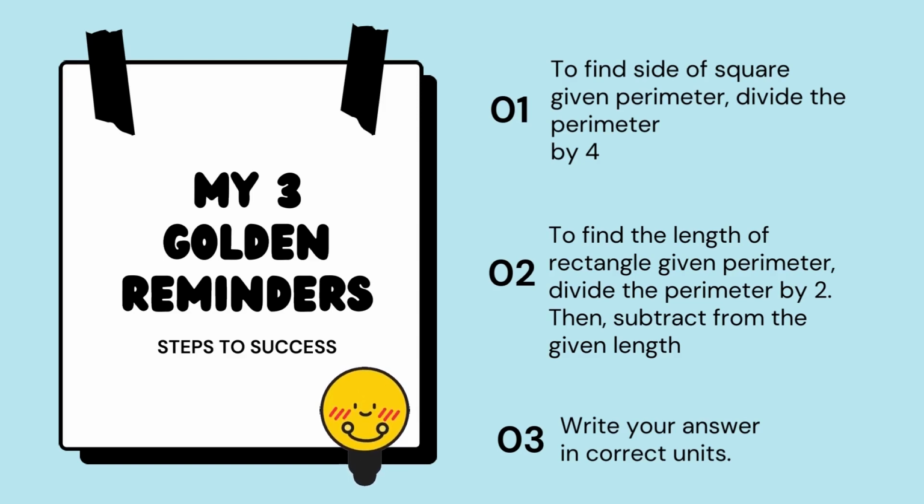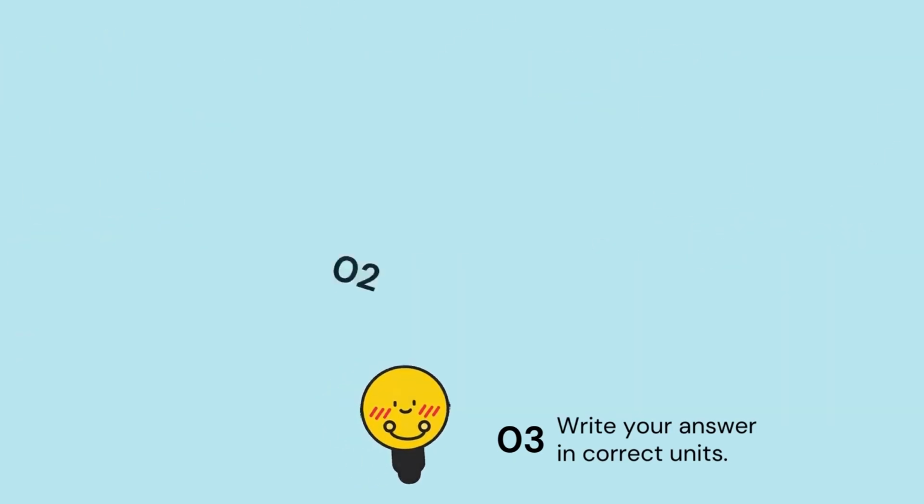This is where you divide the perimeter by 4. Step number 2 is to find the length of a rectangle given the perimeter. What you do is divide the perimeter by 2 and then subtract the given length. And lastly, for both of these steps, you need to make sure you write the answer in the correct unit.